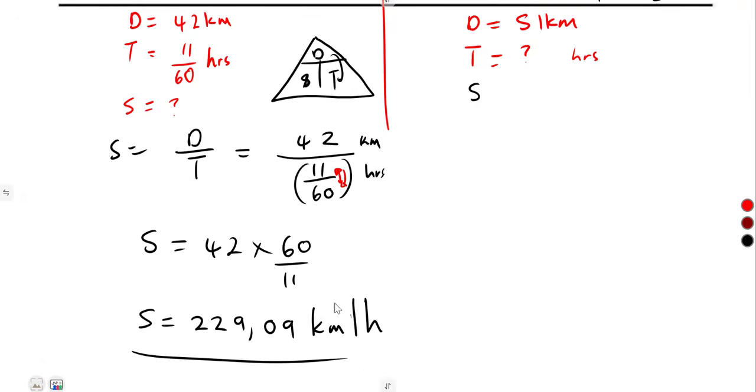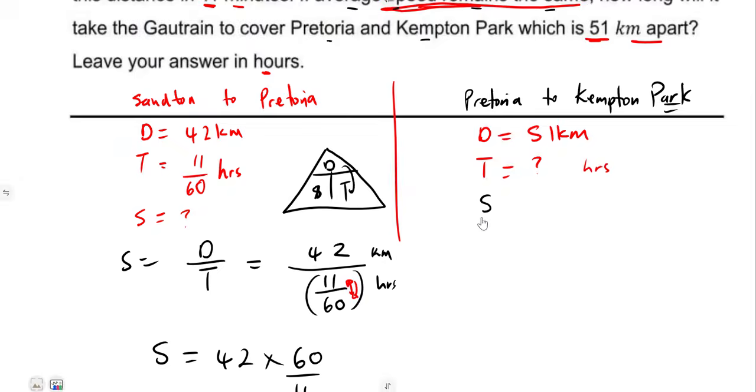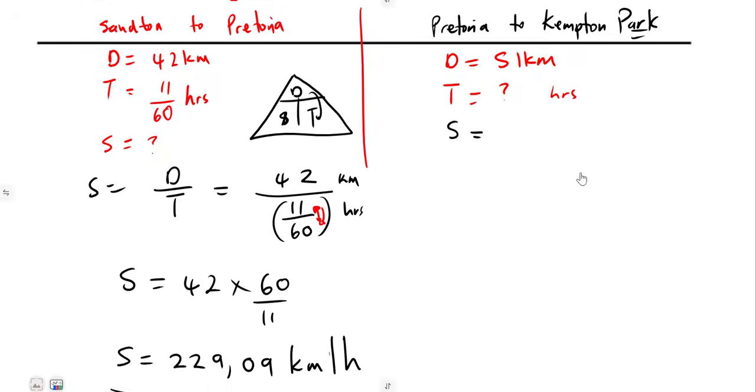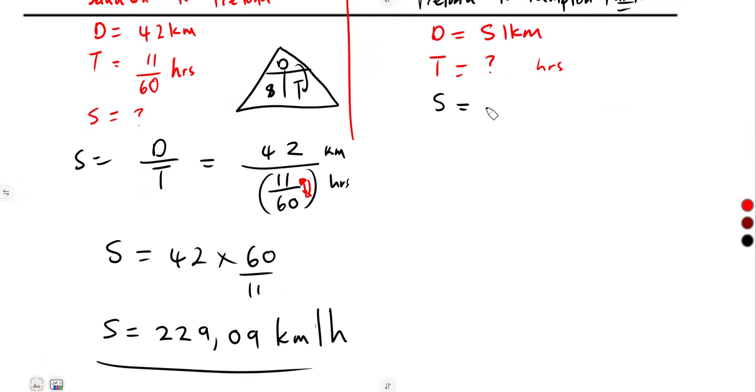So remember that we are told that the speed is the same. So it means when this train is moving from Pretoria to Kempton Park, it is going to be traveling at the same speed of 229.09 kilometers per hour. What is going to be the time in hours?